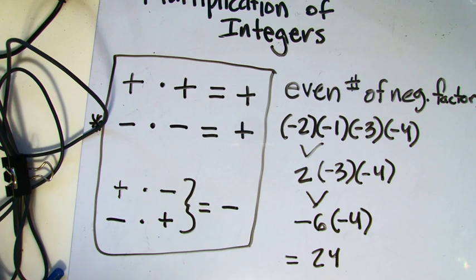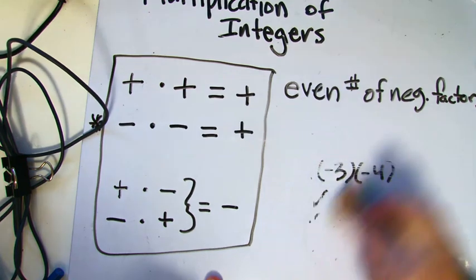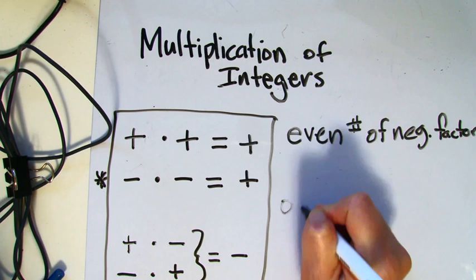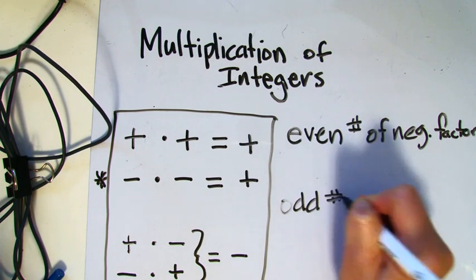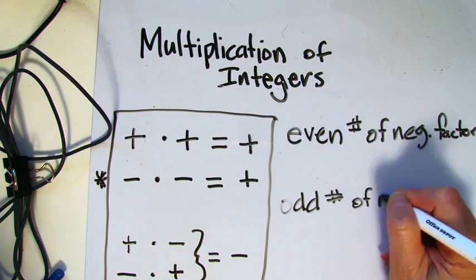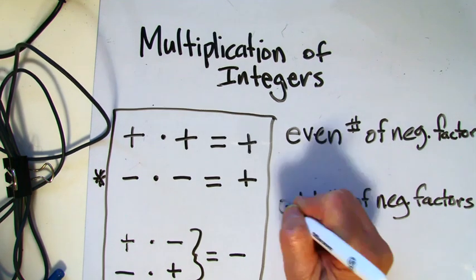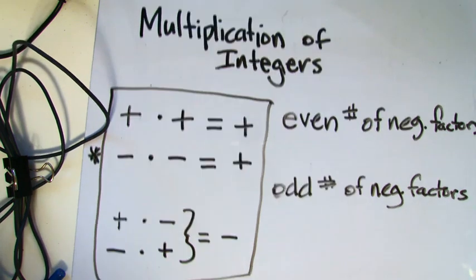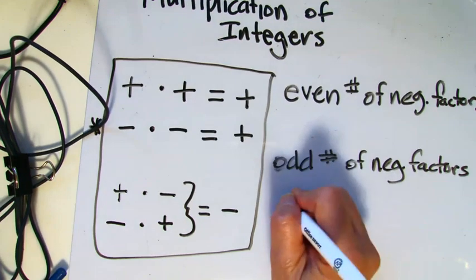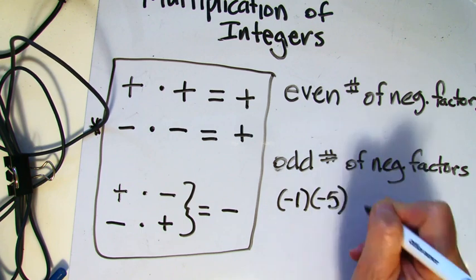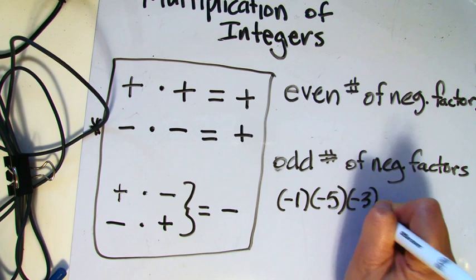Let's do a similar problem, but instead of 4 factors, we'll work with 3 factors. So we have an odd number of negative factors. Okay, let's say we have -1 times -5 times -3.